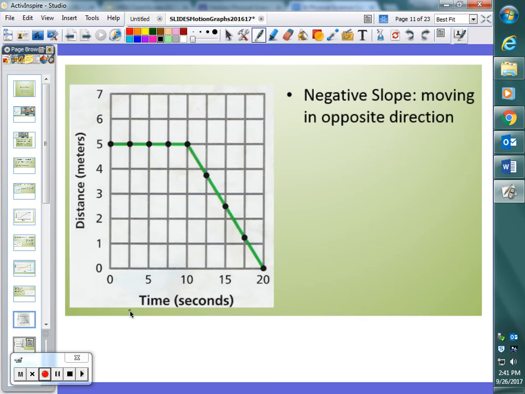So downward sloping lines, or negatively sloping lines, are objects moving in the opposite direction, or more generally, the negative direction. The negative direction is technically more descriptive, more accurate, right?